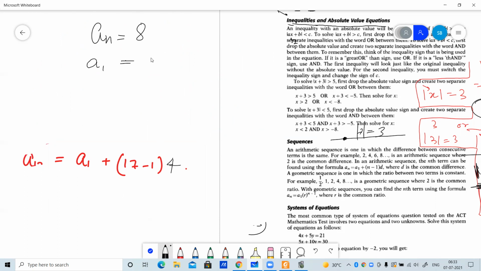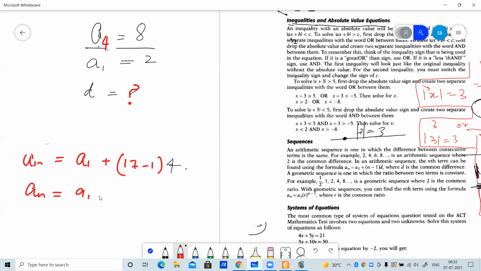Let us take this example: if the fourth term is 8 and the first term is 2, what is the common difference of the sequence? If A4 is 8 and the first term is 2, how do you calculate the common difference, D? You'll again use the formula.